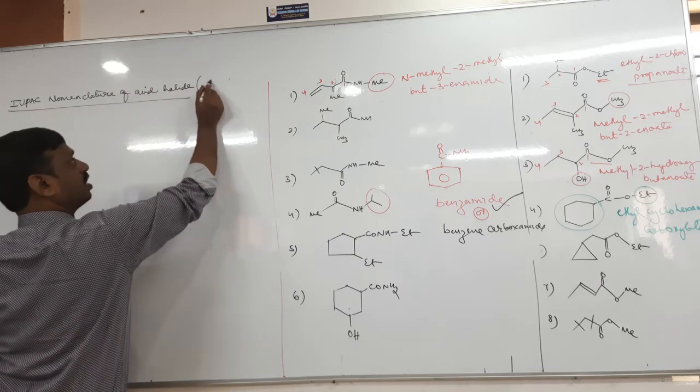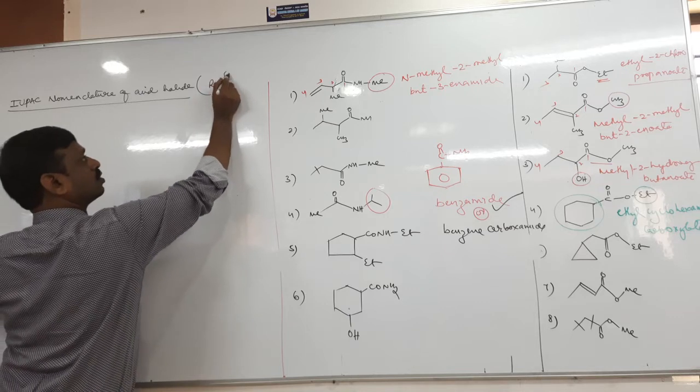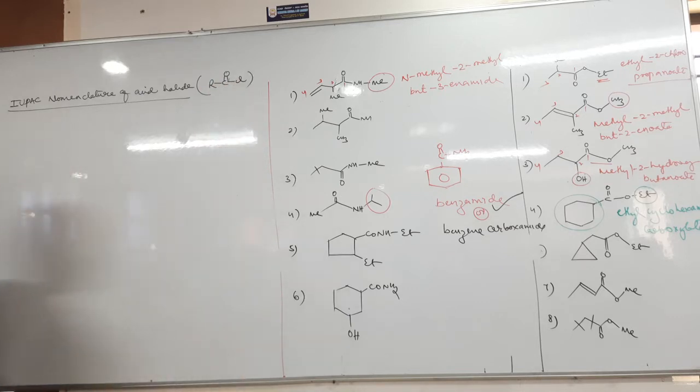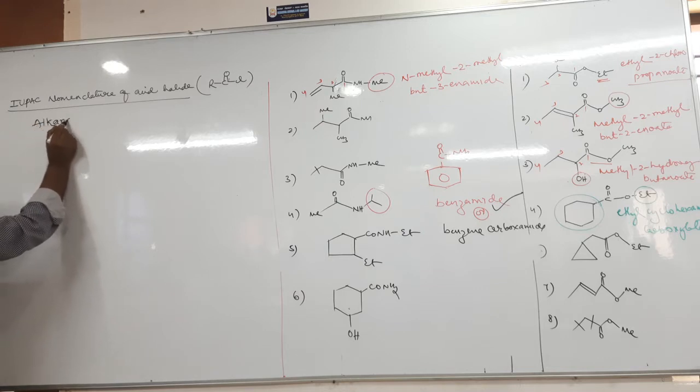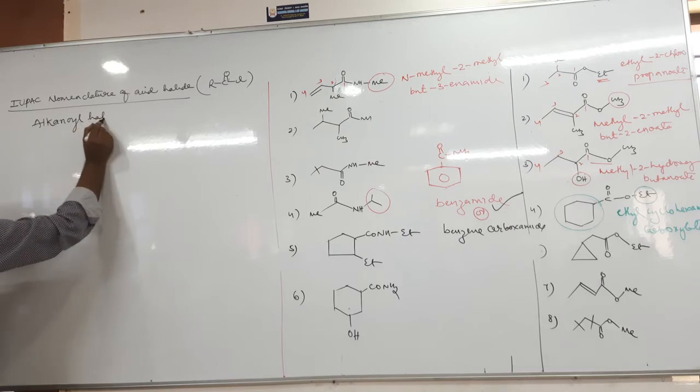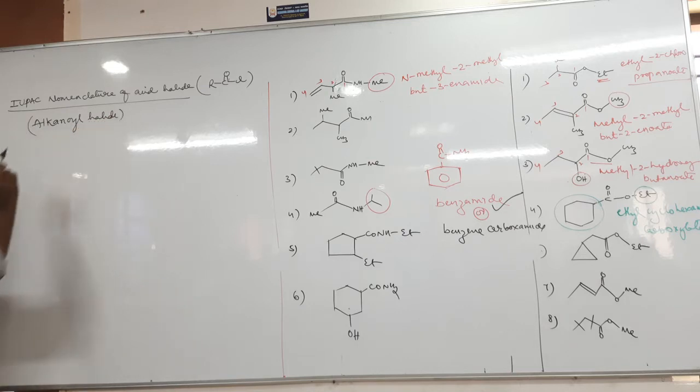What are acid halides? R C double bond O Cl. Okay, tell me, so what is the IUPAC name of acid halide? Alkanoyl halide.